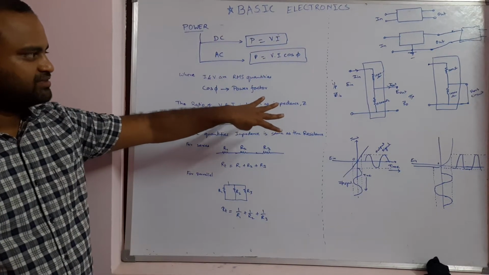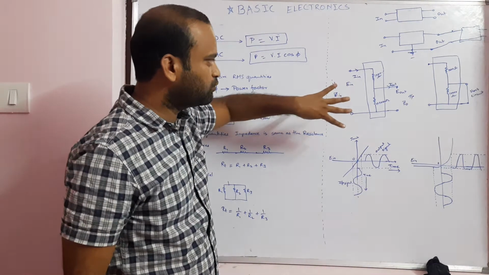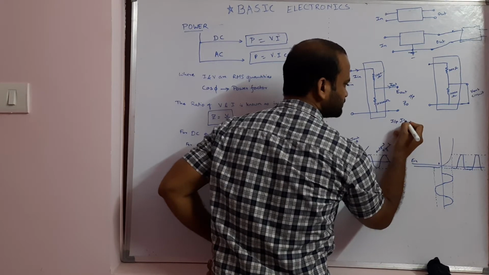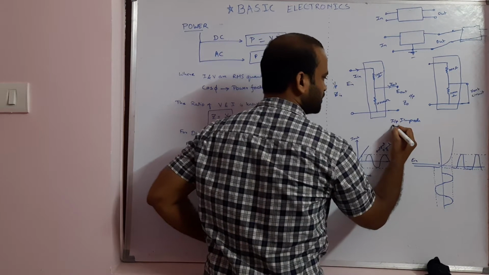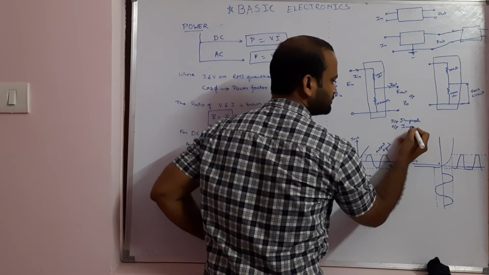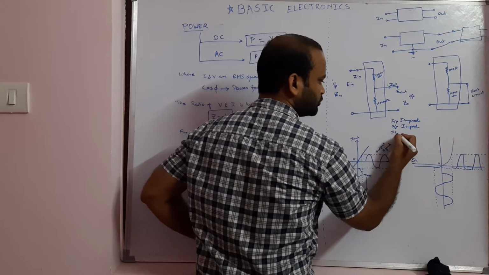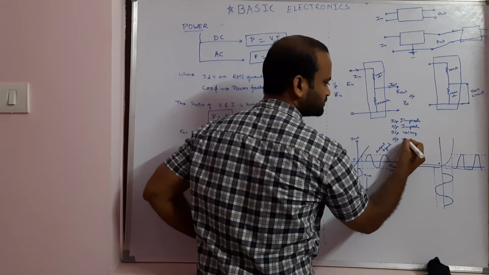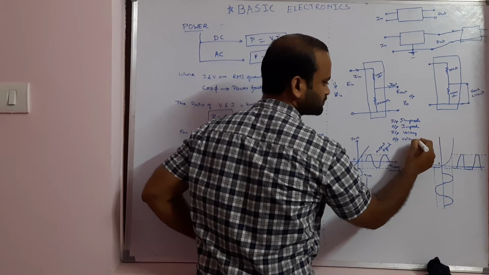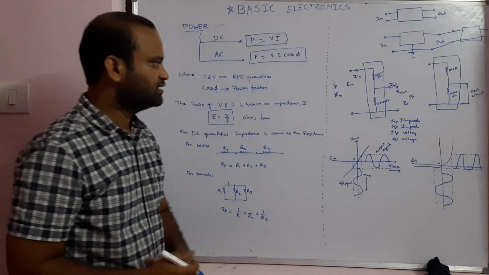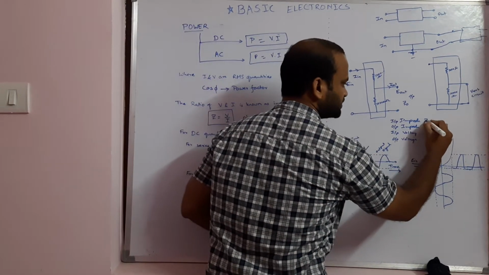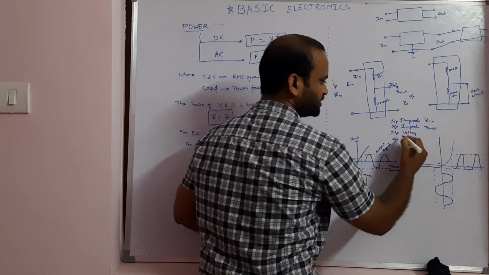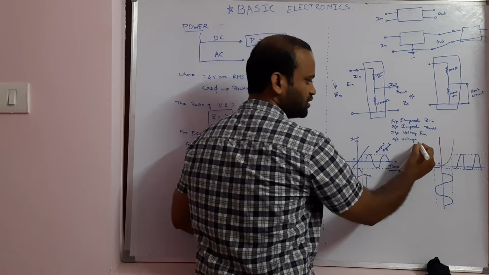So by this we are describing 4 important parameters: input impedance, output impedance, input voltage, and output voltage. Input impedance is Zin, output impedance is Zout, input voltage is E in, output voltage is E out.